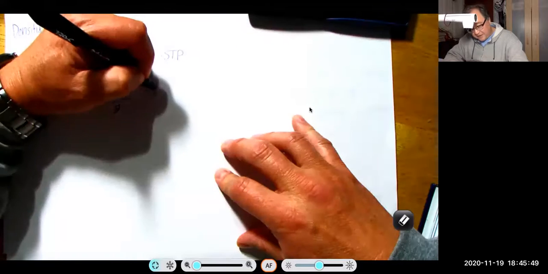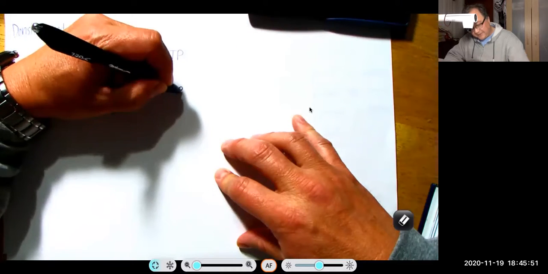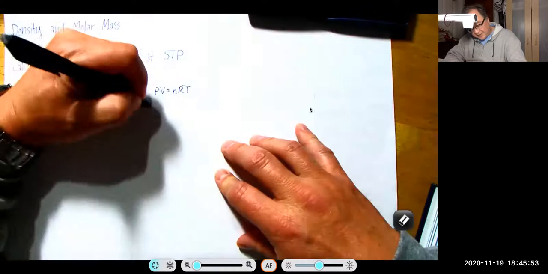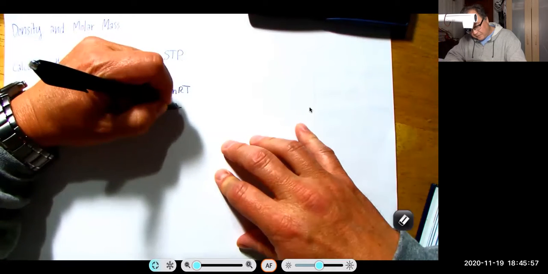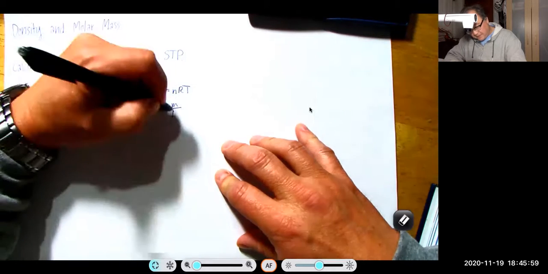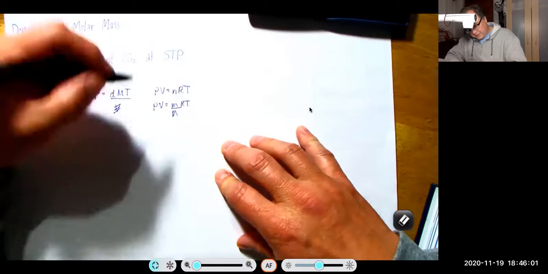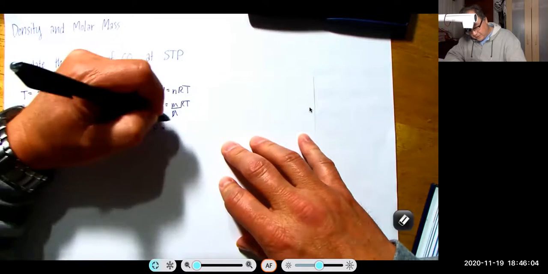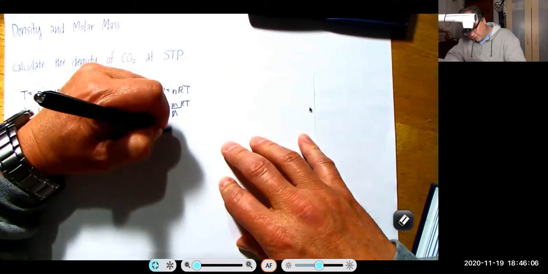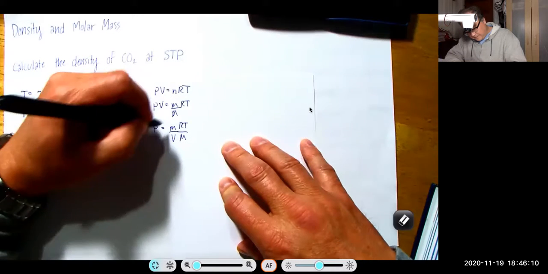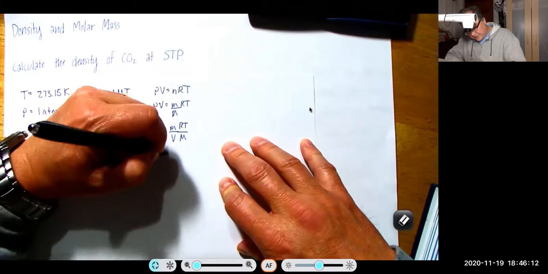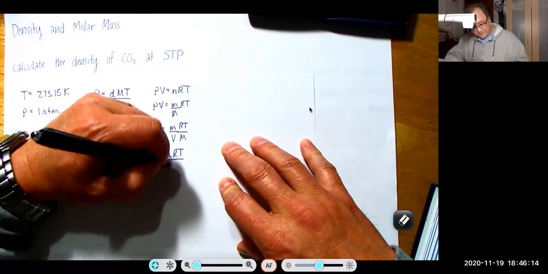So PV is equal to nRT. So that means PV is equal to little m over big M RT. So P is equal to m over V RT over big M. So here, pressure is density RT over molar mass.